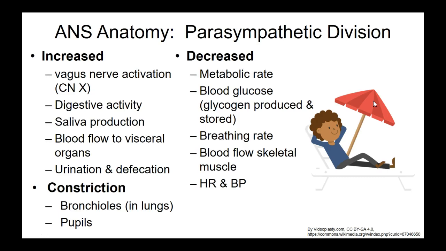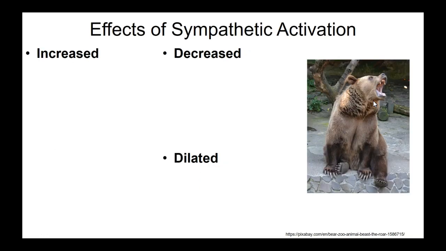Right? Because the next one we're going to look at is a sympathetic, and like you guys probably can guess already, it's going to be basically opposite of what we're seeing here. Right? So here, resting and digesting, and if we take a look at the sympathetic division, right? Let's just see if we can list some things off as being increased, right? So what's going to increase in the sympathetic?